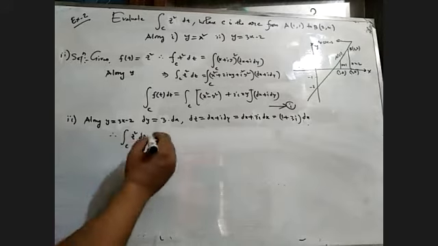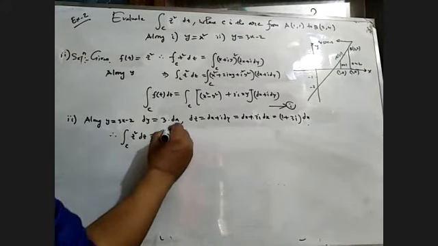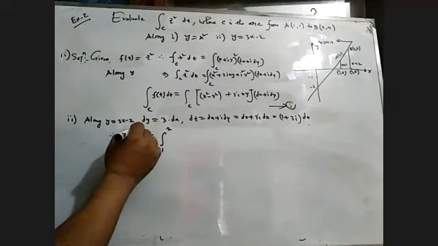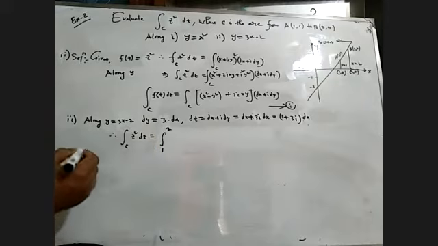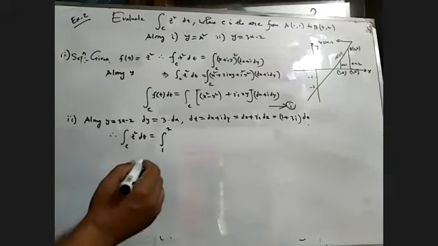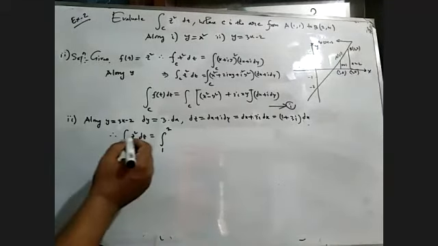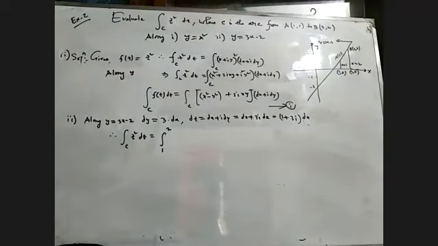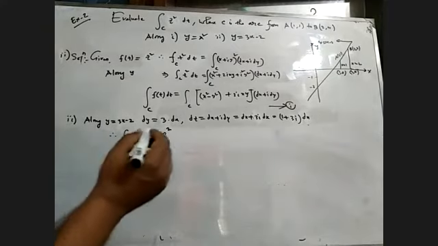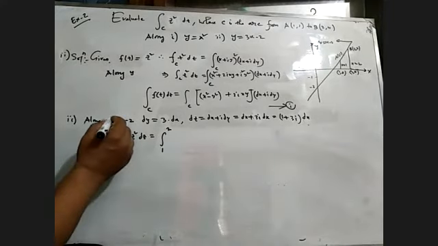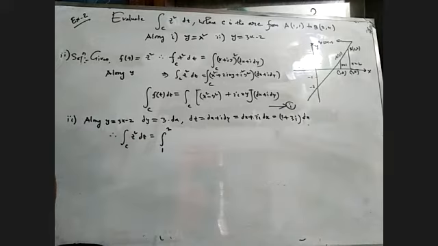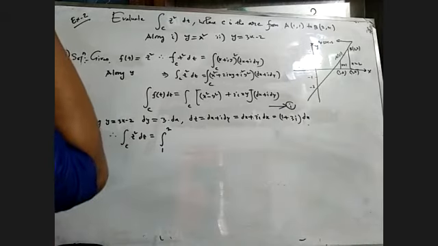Like this. The integral limit will be 1 to 2, and what is the z value? f of z will be changed, f of z is z square.